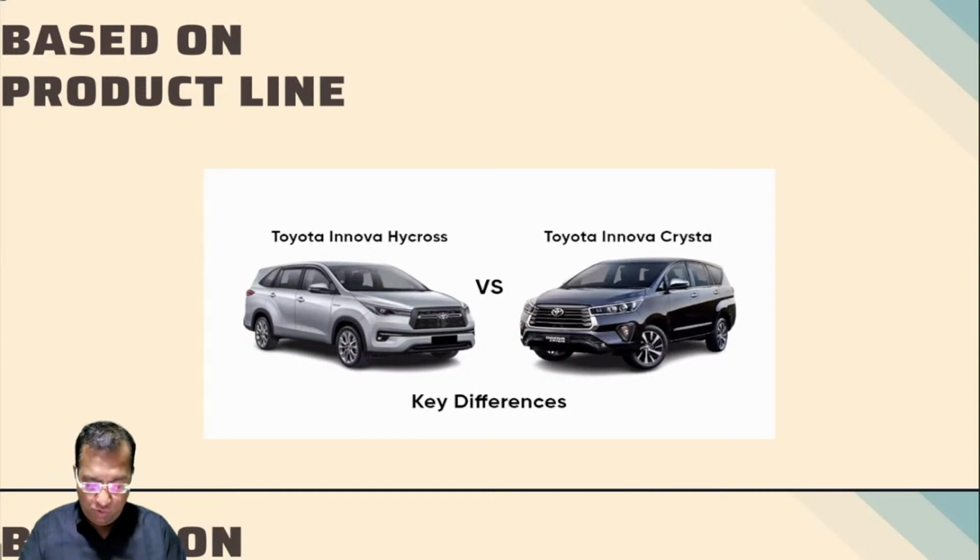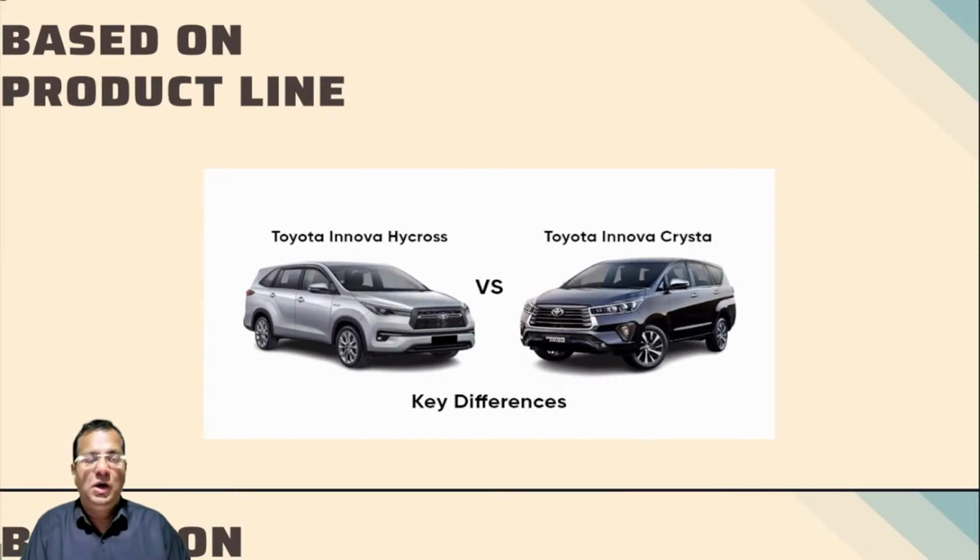Both are known as Innova Crysta, but technically some mechanisms are different, and based on that you can discriminate the price. You can charge for Innova Crysta suppose rupee 20 lakh, while for Hycross you can charge the customer rupee 25 lakh. This is a very common example.